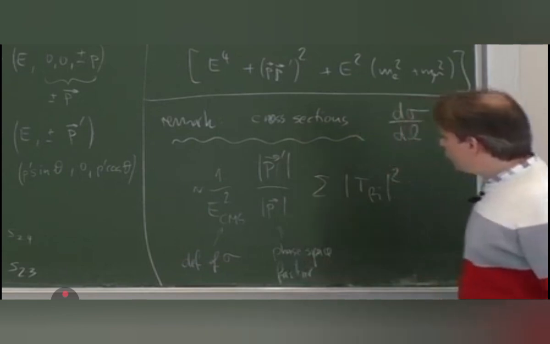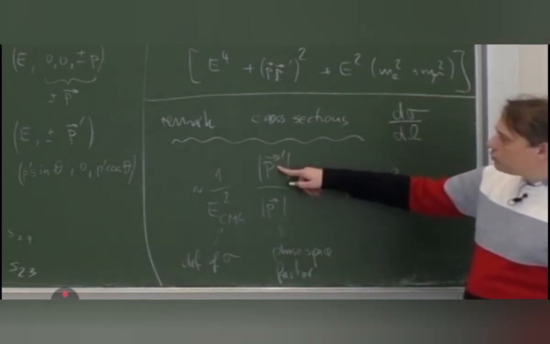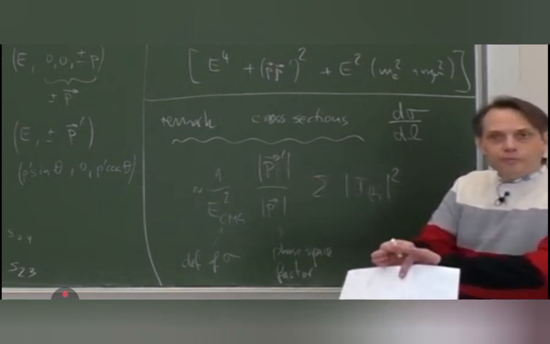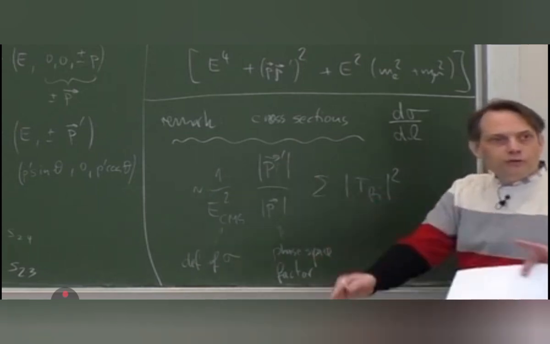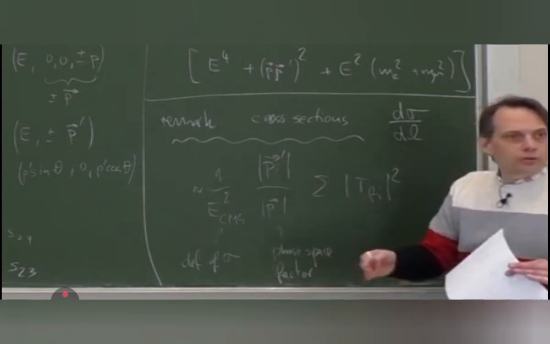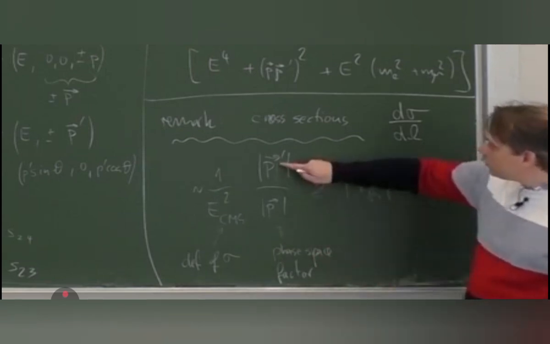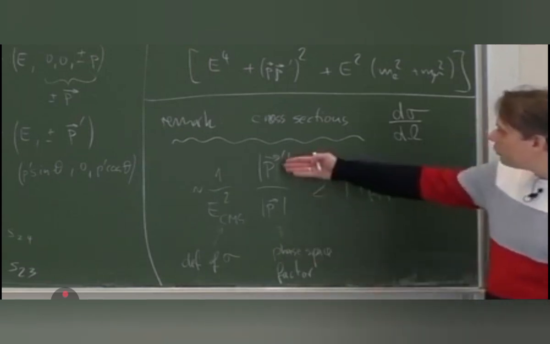And so what that means is that if the momentum of the final state particle is very, very small, then the phase space for the final state particle is also small, and you have a reduced probability because of the smallness of phase space, and so that is encapsulated in that numerator here.